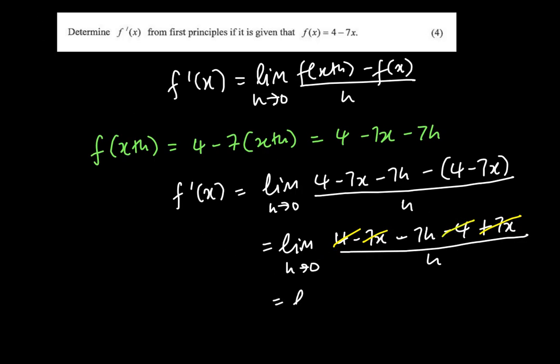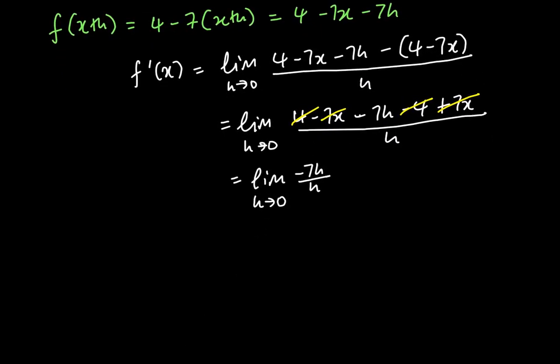We're left with the limit of negative 7h over h as h approaches 0. What do you think we're going to do when we've reached this point? Yes, so this is going to cancel that. So we are now left with the limit of negative 7 as h approaches 0.